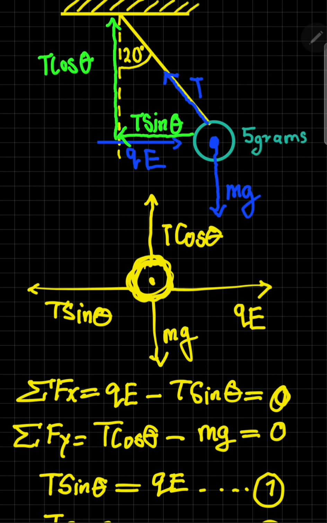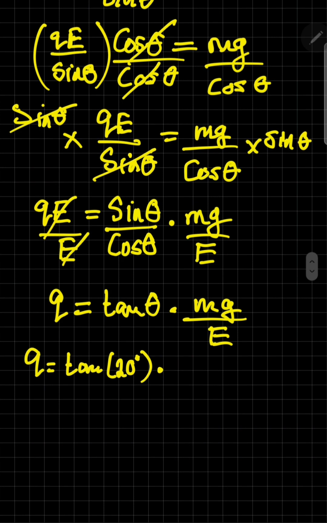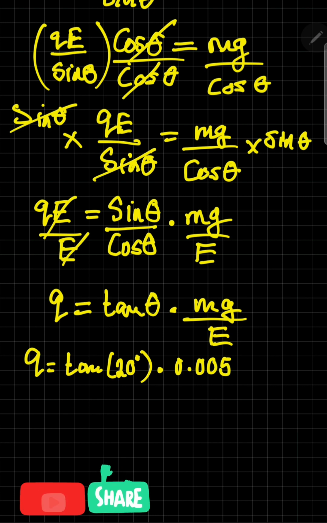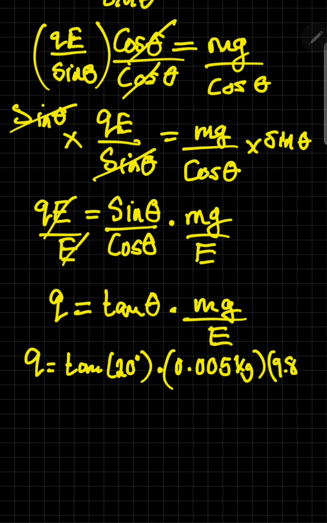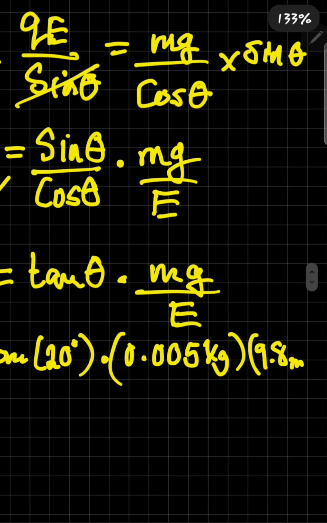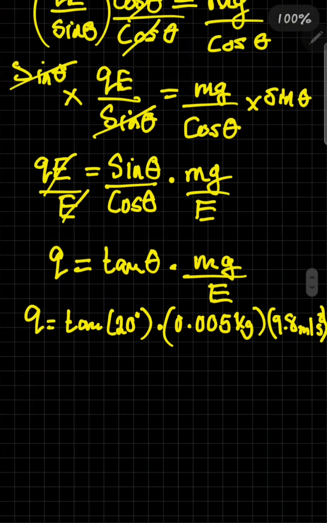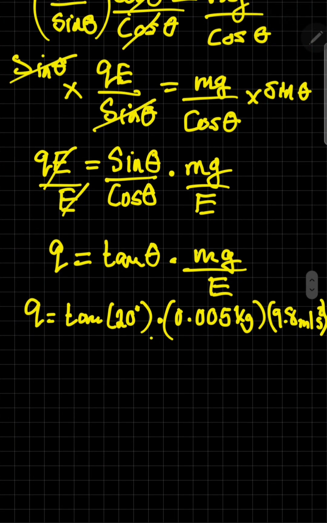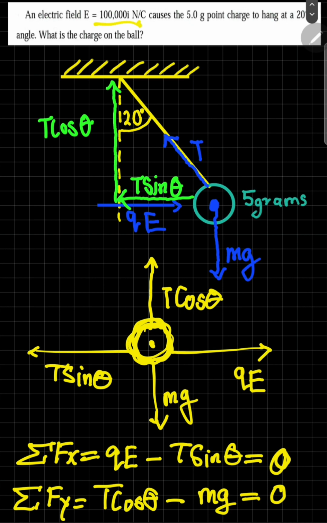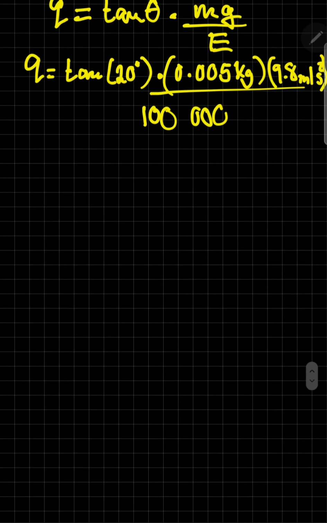So 5 grams, for it to be in kilograms, you just have to divide it by 1,000, and we'll have 0.005 kilograms, multiplied by gravity, acceleration due to gravity, that's 9.8 meters per second squared. Then divided by the electric field, which was 100,000, if I'm not mistaken. Yeah, there, 100,000 newtons per coulomb.